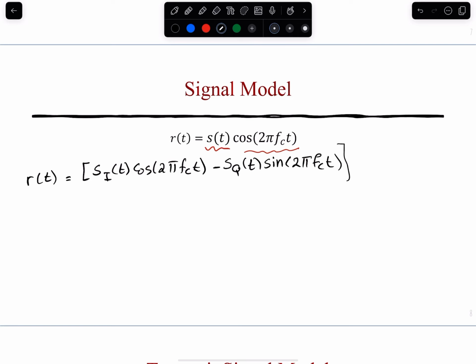And we are going to multiply all of this by cosine 2πfct. Now, let's distribute this cosine here and there.